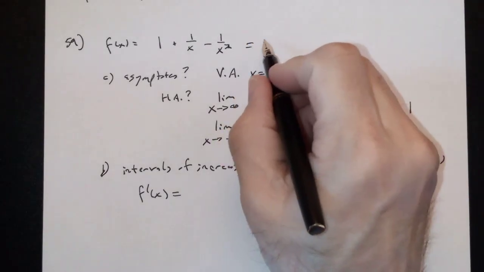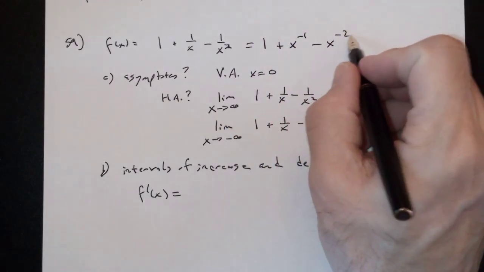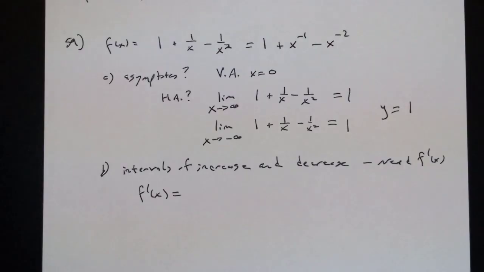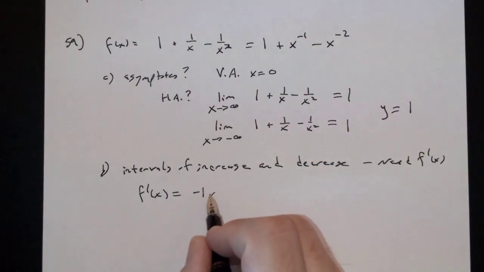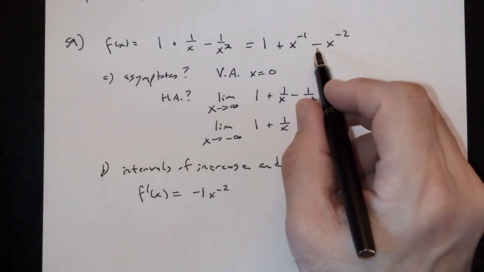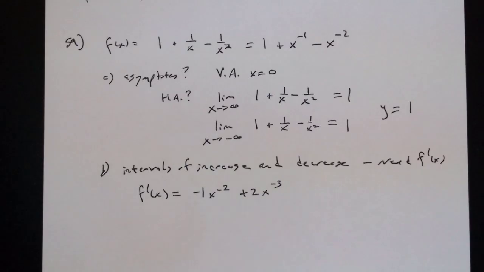The original function is 1 plus x to the minus 1 minus x to the minus 2. Then I can do my derivatives with the power rule, which makes it faster. What's the derivative of 1? Derivative of x to the minus 1 is minus 1 x to the minus 2, minus becomes plus 2x to the minus 3.